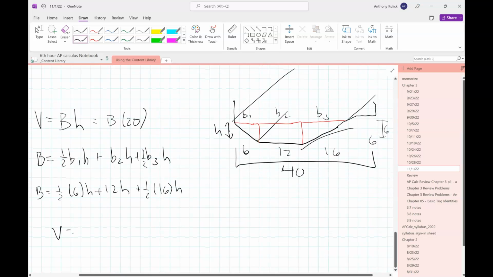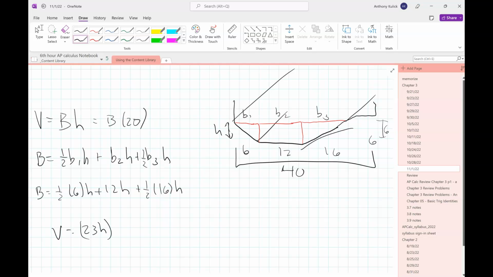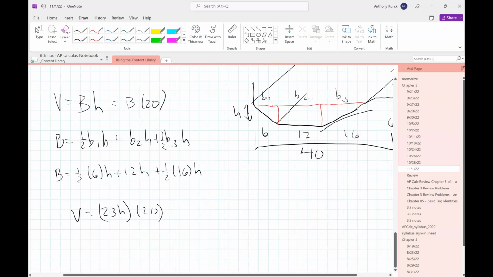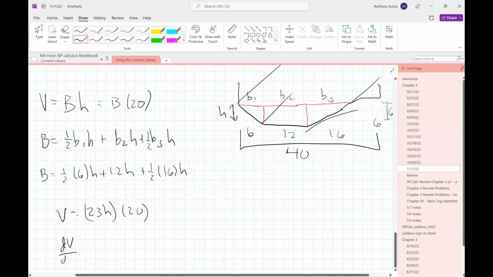So my volume is going to be 3H plus 12H, that's 15H, plus 8H, that's 23H. So I think dV/dt then should be 460 dH/dt.